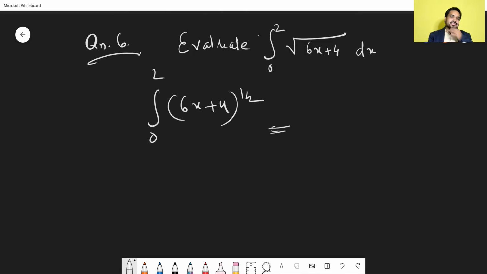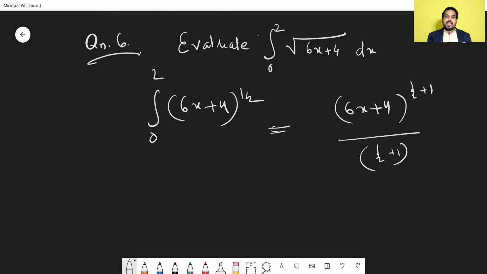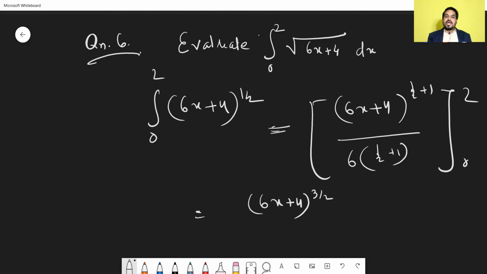So just integrate it. It becomes (6x + 4) to the power (1/2 + 1) divided by (1/2 + 1), and the coefficient of x is 6. Now students, put the limits 0 to 2. Now (6x + 4) to the power 3/2, and in the denominator 3/2 into 6.